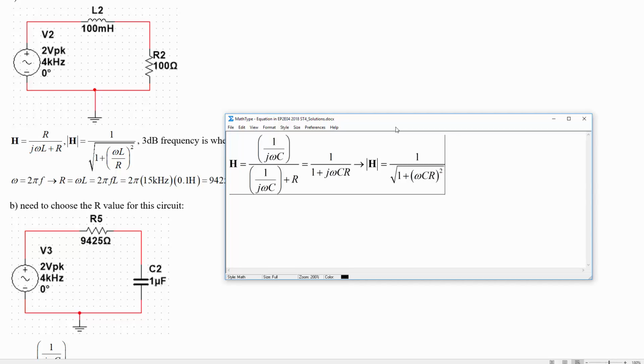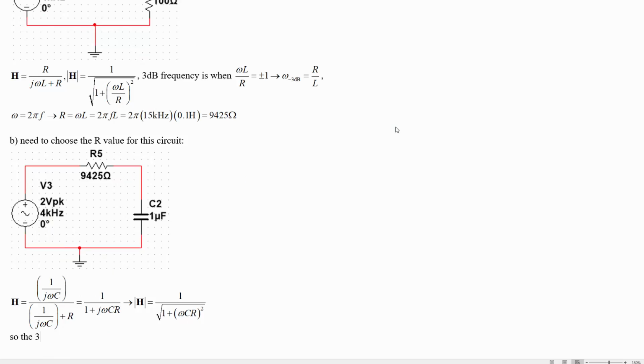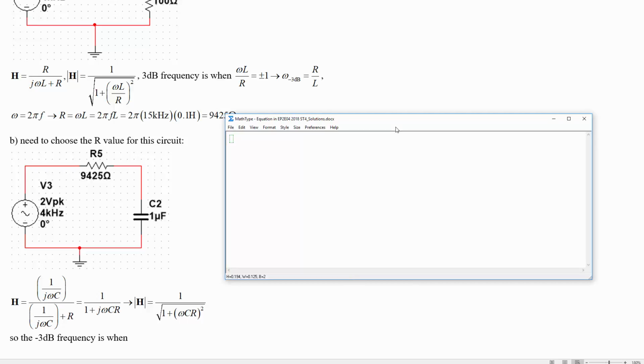So the minus 3 dB frequency is when omega RC is equal to plus or minus 1, and specifically we need it to be plus 1 to have a positive frequency, which means omega is equal to 1 over RC.